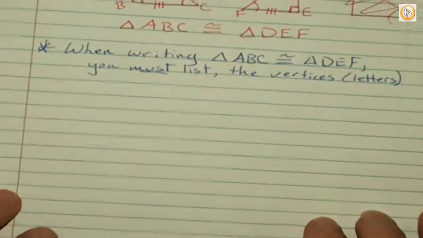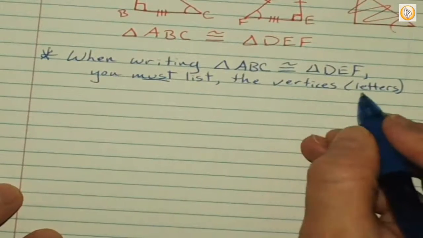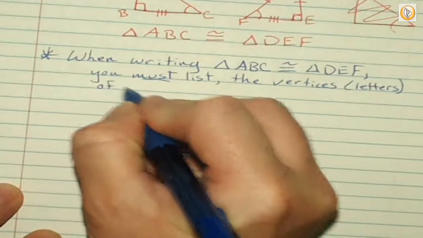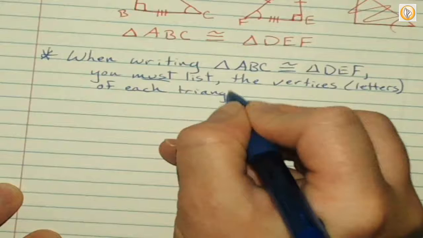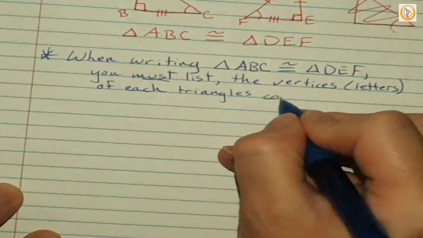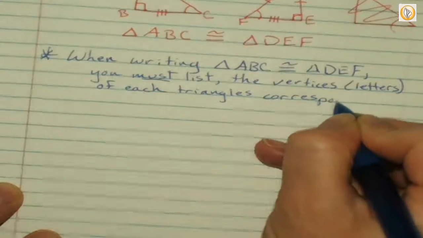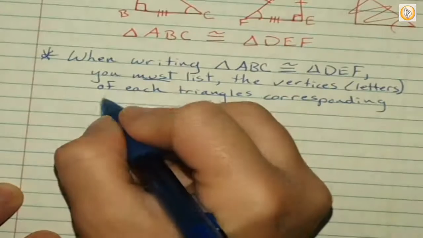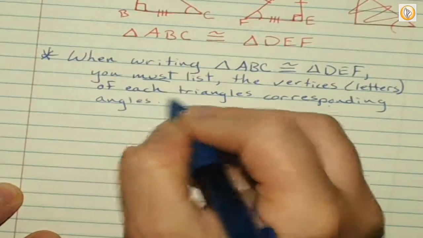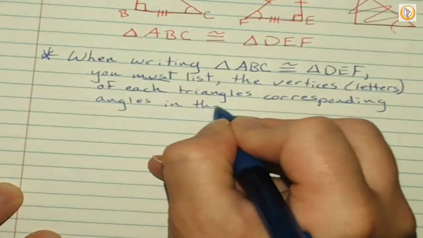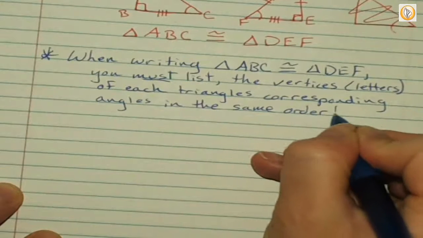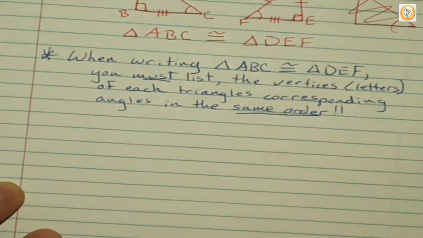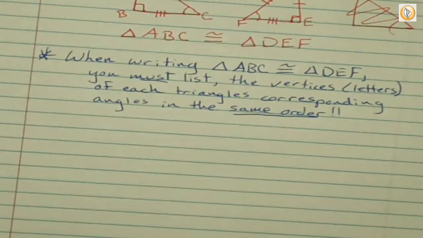Okay, you must list the vertices, which are the letters, of each triangle's corresponding angles in the same order. And I've already talked about that, but I wanted to put it in writing.